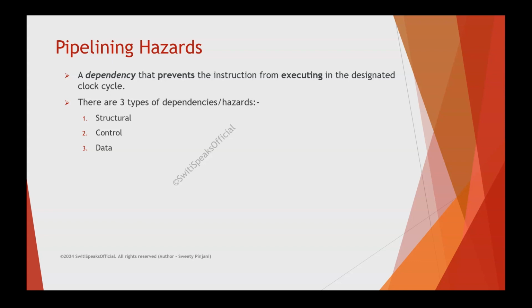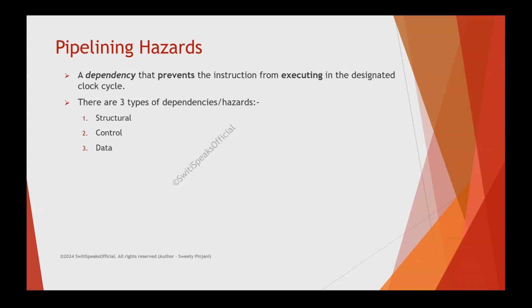when your first instruction is in instruction fetch, your second instruction is not in the pipeline yet. But when your first instruction reaches instruction decode, your second instruction is in instruction fetch. Then when your first instruction is in execute, the second instruction is in the instruction decode stage.